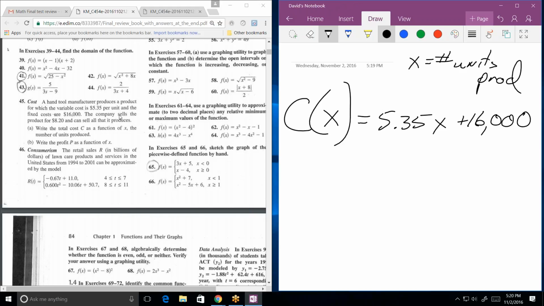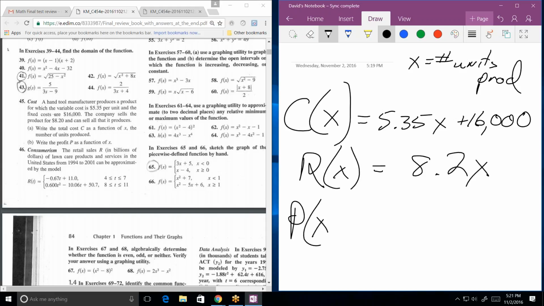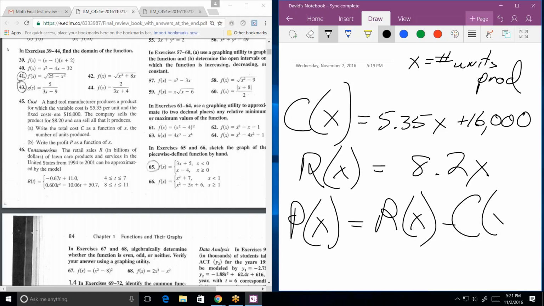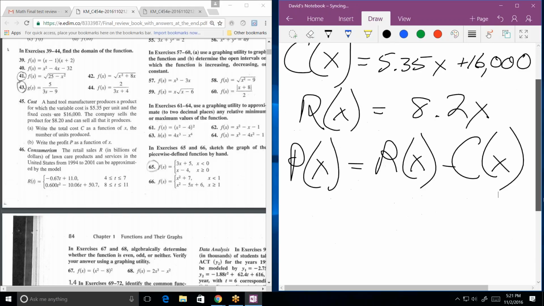Okay? What's the revenue function? It would just be 8.2x. Yeah. What's the profit function? Profit's always going to be revenue minus cost. So what's profit going to be?